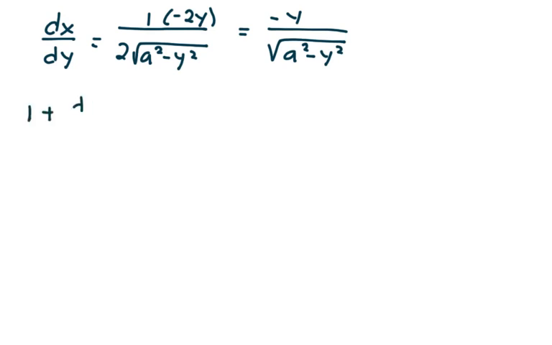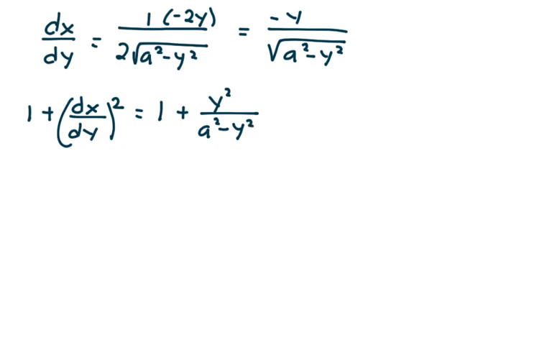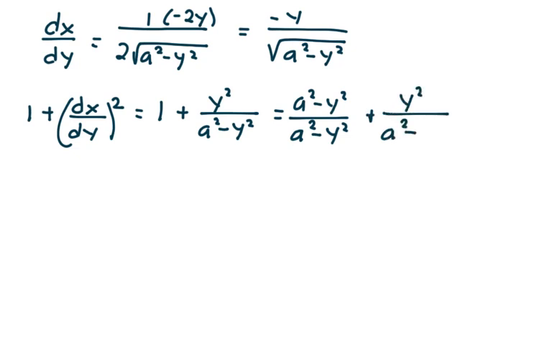So 1 plus (dx/dy) squared is 1 plus y squared over a squared minus y squared. But 1 is a squared minus y squared divided by a squared minus y squared. It's just another way to write 1 plus y squared over a squared minus y squared.